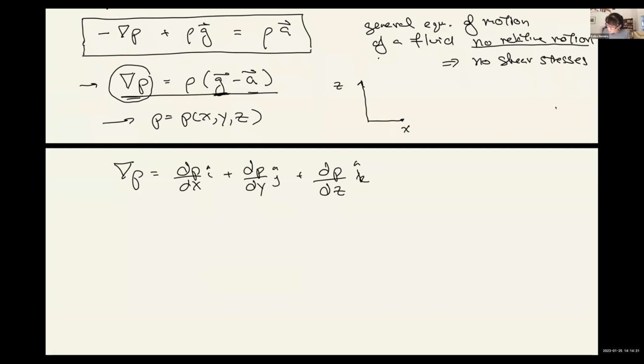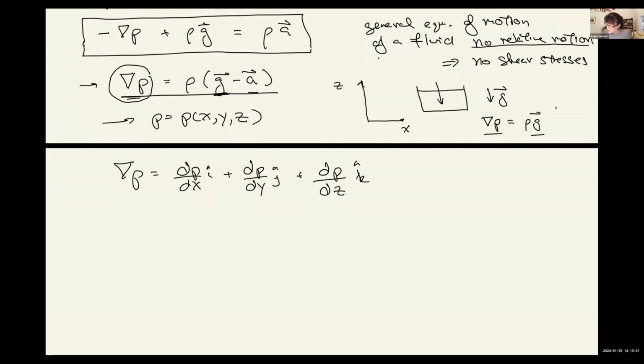If we have just the pressure due to gravity, our hydrostatics equation, then grad P equals rho G. So the pressure varied in the direction of G, increasing in the direction of G. So the gradient of pressure, that vector, was in the same direction as the G vector.